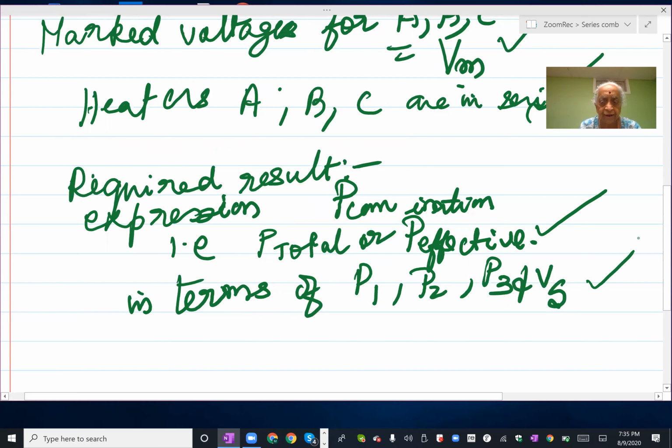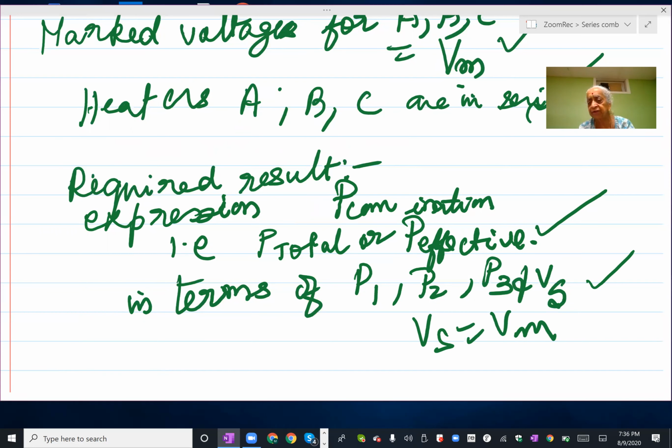That will also be fine. But now I will take Vs as equal to Vm for the sake of simplicity, because we don't want to complicate the calculations when we are fundamentally trying to understand how the effective power is varying in a series combination. So I'll just stop with this limit of Vs equal to Vm.